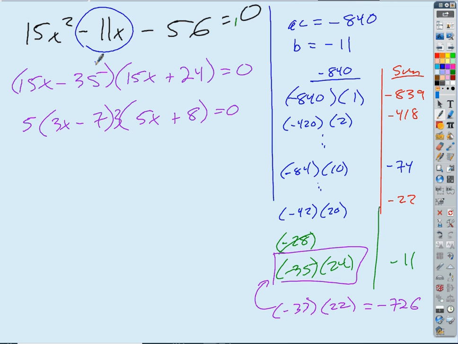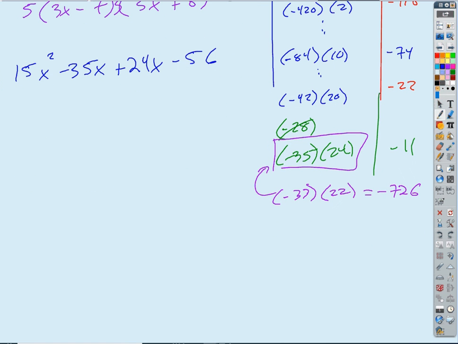So we're gonna do 15x squared minus 35x plus 24x minus 56. And the order makes no difference. You can do it either way. Now that we've got 4 terms, we can just factor this by grouping. It's gonna look very similar to what you guys did.